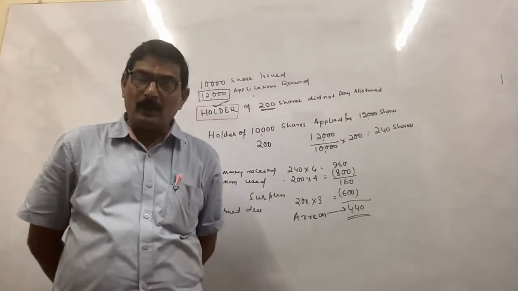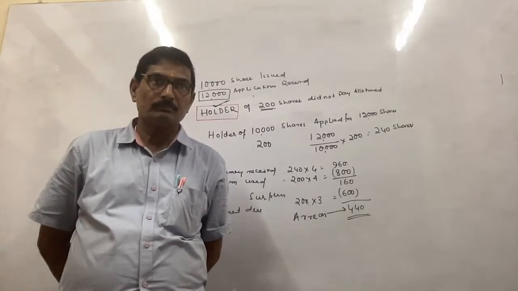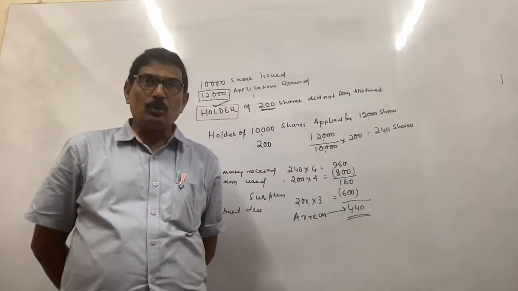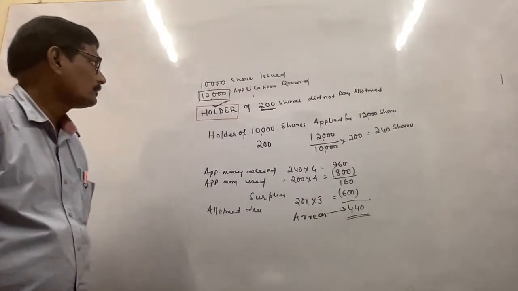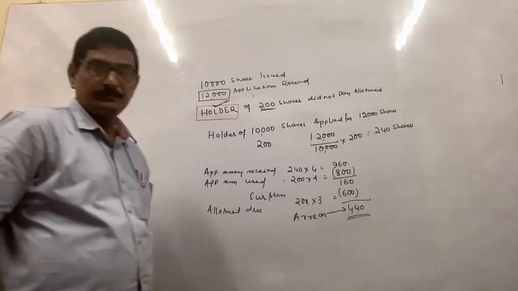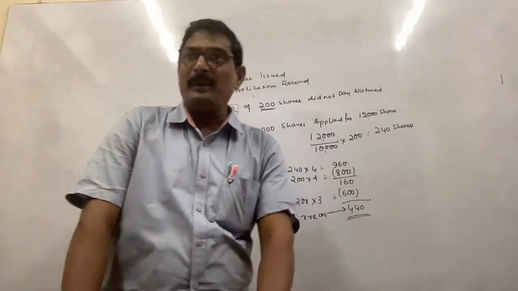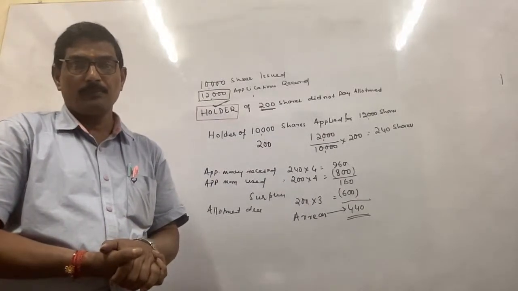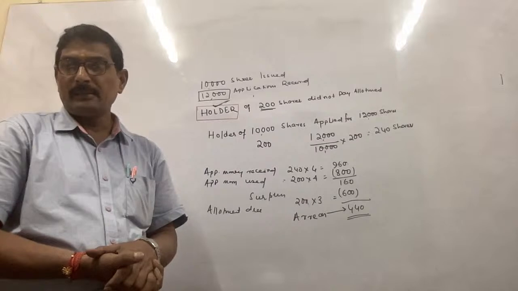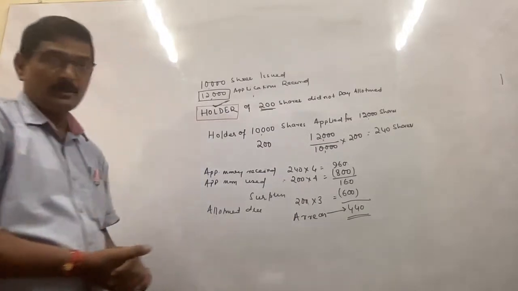To share capital account, 40,000. To share allotment account, 8,000.